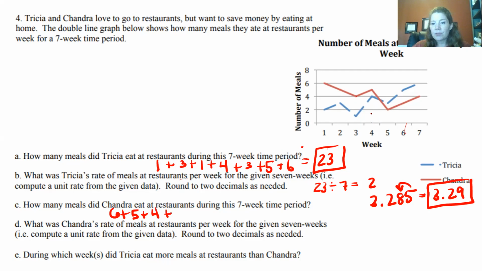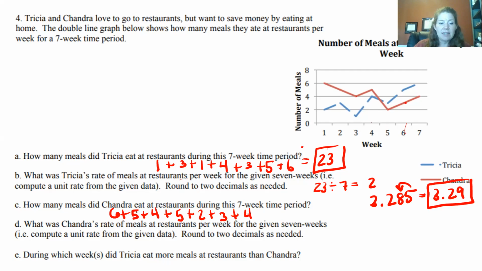Week 4 goes straight up and I get half of 4 and 6 is 5. We're on week 5. Week 5 is 2. Week 6 is going to be 3. And the last week, week 7 is 4. So is that 7? 1, 2, 3, 4, 5, 6, 7.